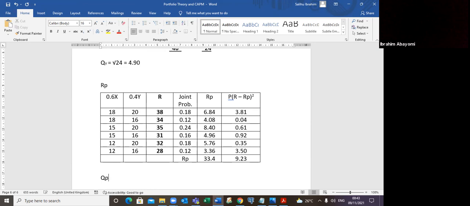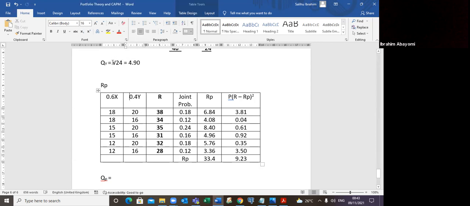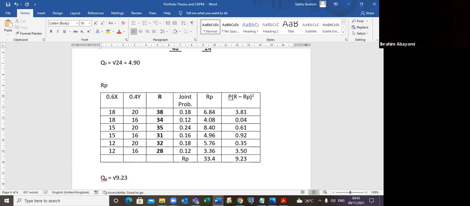The square root of 9.23 is equal to 3.04.